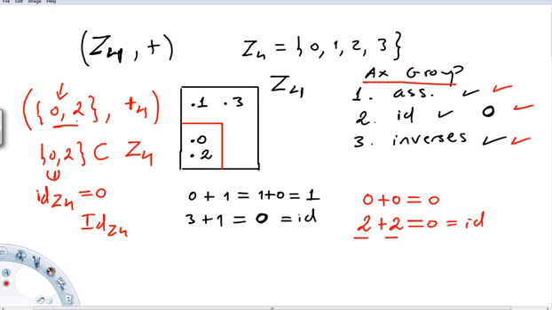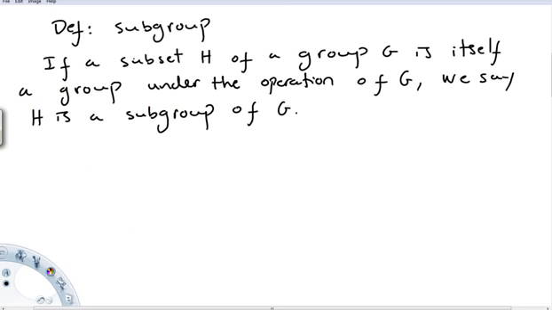Okay, what shall we call this subset of the group under the same operation where the group axioms are valid? Well, that's exactly what we call a subgroup. Okay, and so now we introduce the concept of a subgroup.